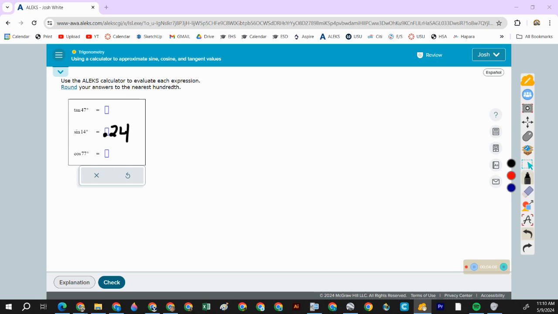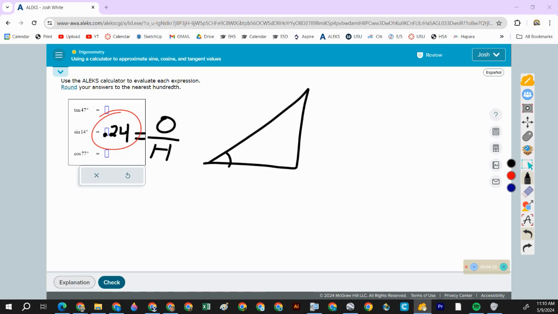Well, it means that my O side divided by my H side is 0.24. So if I draw a triangle, and here is 14 degrees, I know that whatever this length is going to be 24% of H. Does that make sense?